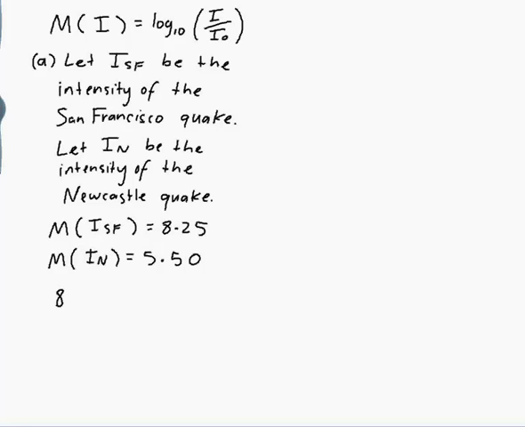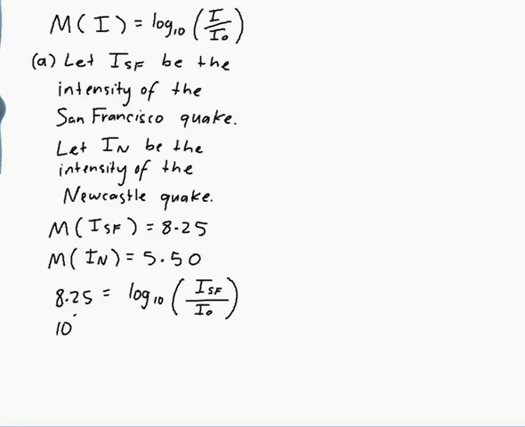So 8.25 would be log 10 of ISF on I0. Okay. Well, I could at least get ISF on its own, I suppose. So to cancel out the log 10, I need to do 10 to the power of both sides.